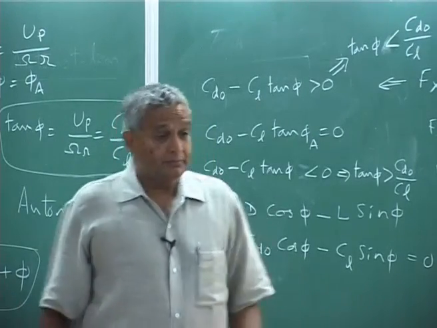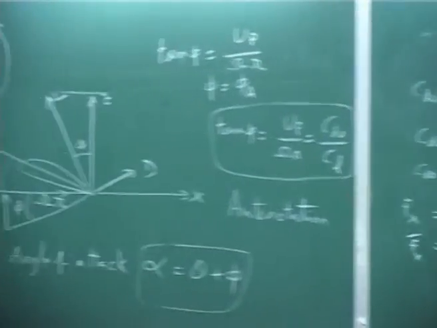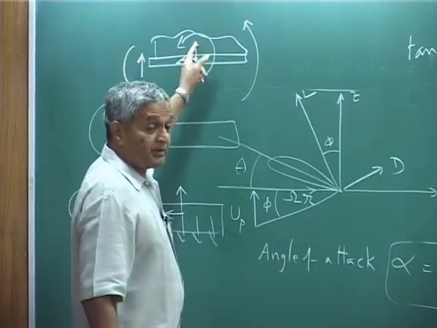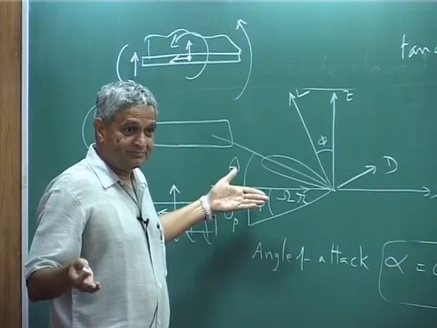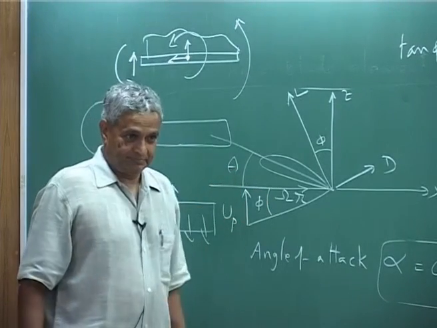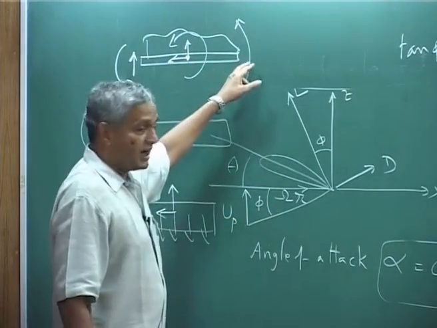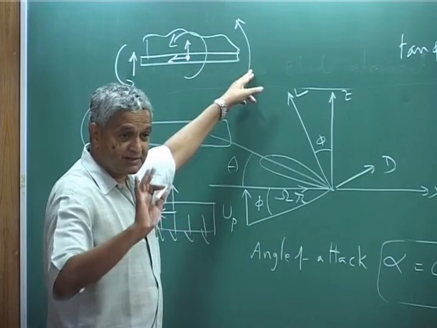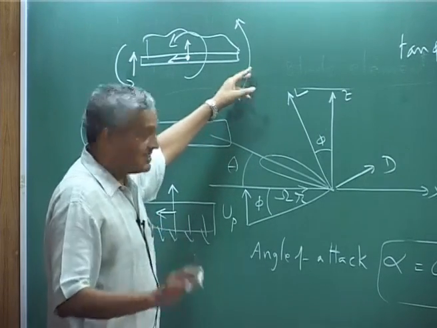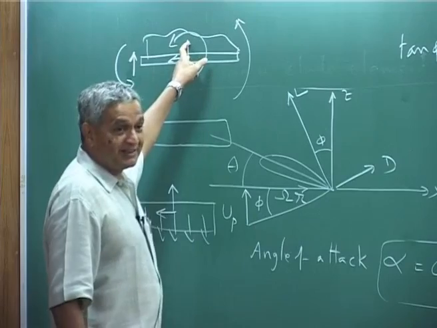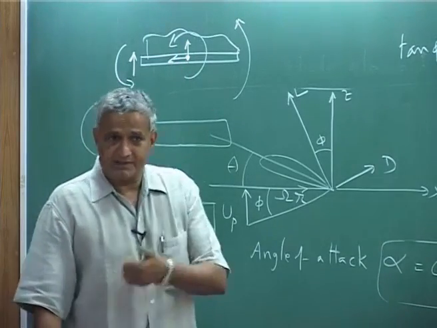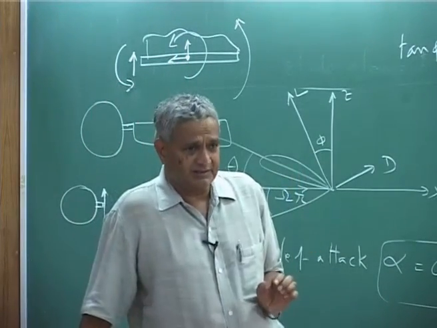Your angular acceleration must be 0, then torque is 0. But your tangential acceleration, is it 0? Because you want it to rotate at constant omega. If it rotates at constant omega, this must be 0, because there is no tangential acceleration of the center of mass.